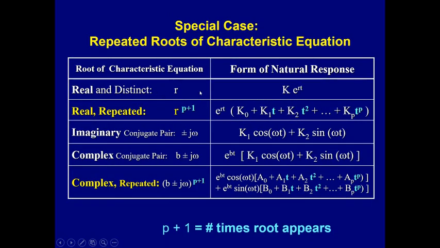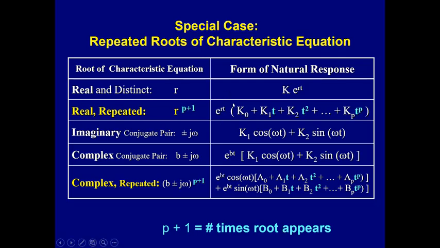This is what moves us from our first row of the different options for the forms of the natural response, where we have a real root and it gives us a k e to the rt, to when we have a repeated real root, where p plus 1 is the number of times that the root appears. So in our previous example, that root appeared twice, so p plus 1 would be 2, or p would be 1.